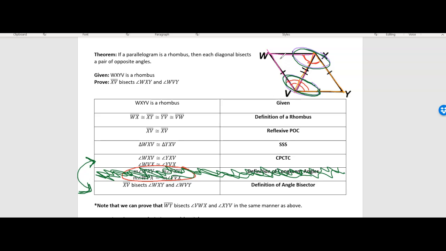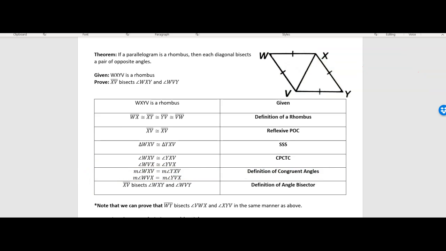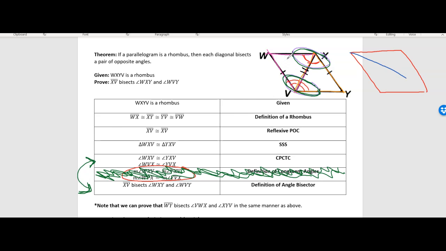Take a little note. We only proved that one pair of opposite angles was being bisected, right? We could write another proof in the same similar fashion. Let's just say I had redrawn this diagram, but I had put my diagonal going this way, right, across from V and Y. Well, I could run through the same steps to prove that these angles are also being bisected, which means that that diagonal would also bisect those angles.